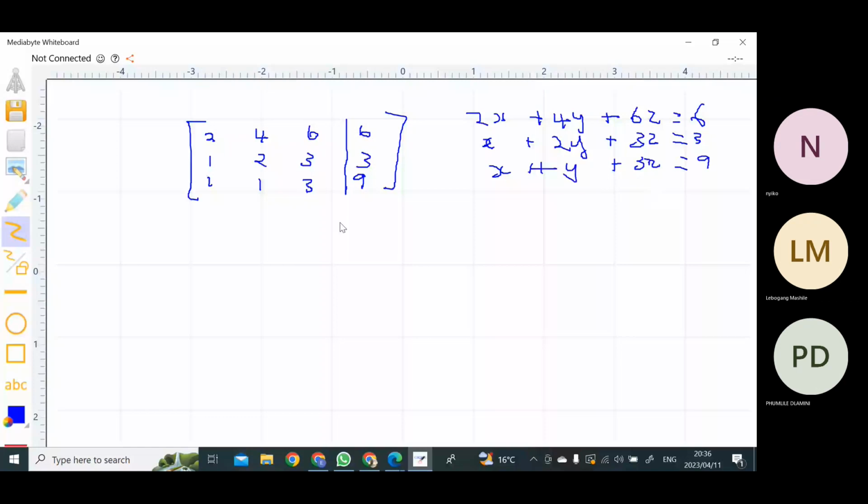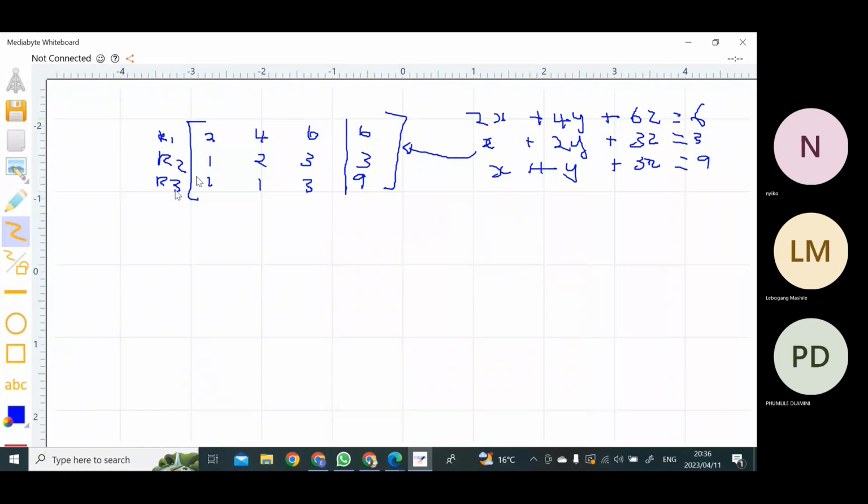So now when you are given this, you must be able to reduce it and write it in this format here. When you write it in this format, now you can solve it. As I've indicated, this means it's row 1, row 2, row 3.